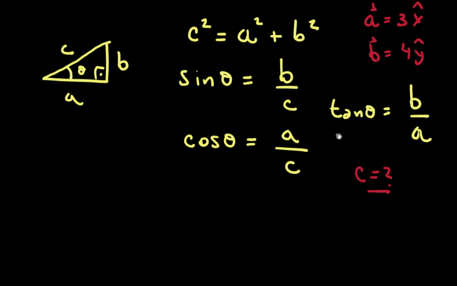So the way we would do this is you can note that because A is only one direction and so is B, it means that A is 3 units long, B is 4 units long, therefore C squared equals A squared, which is 3 squared, plus 4 squared.